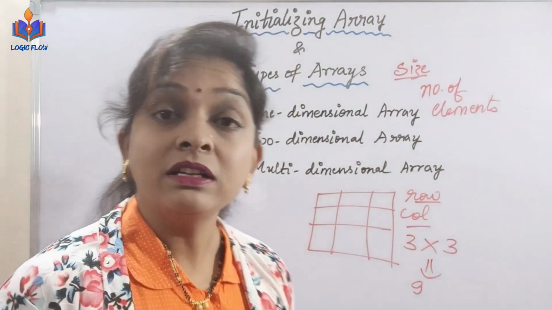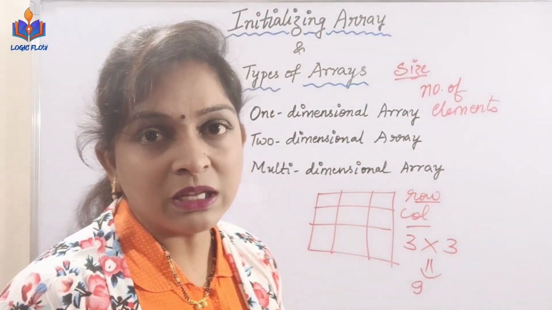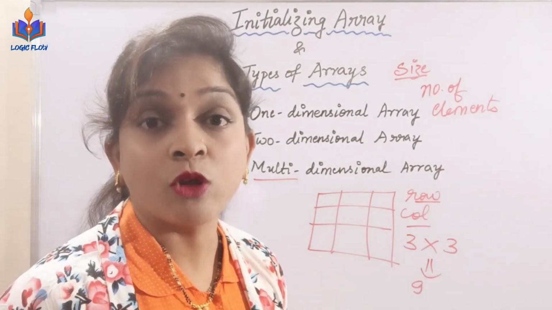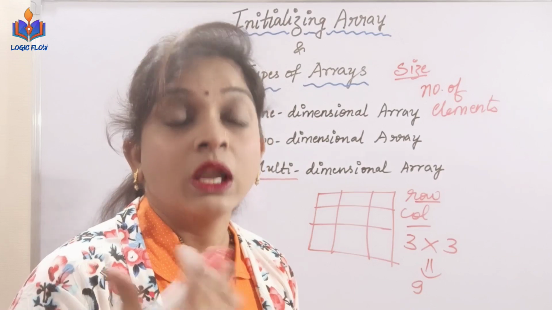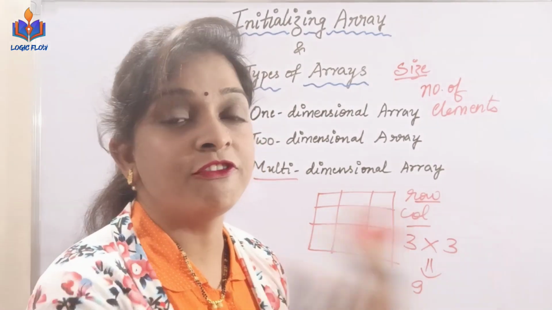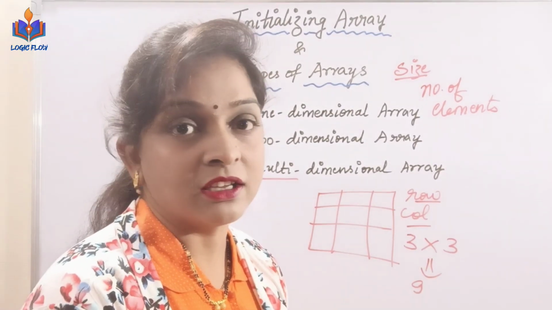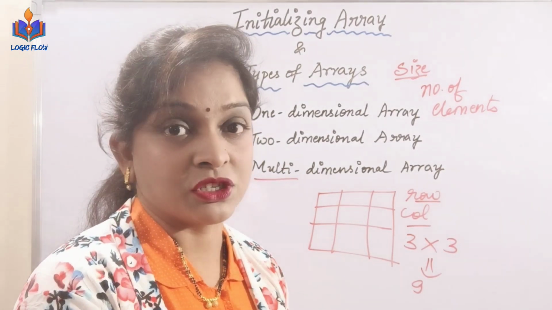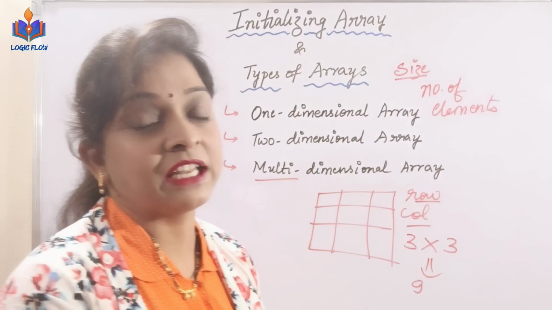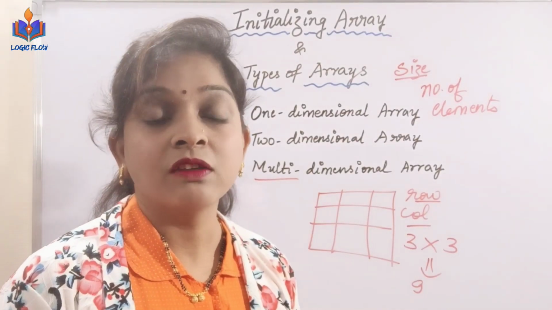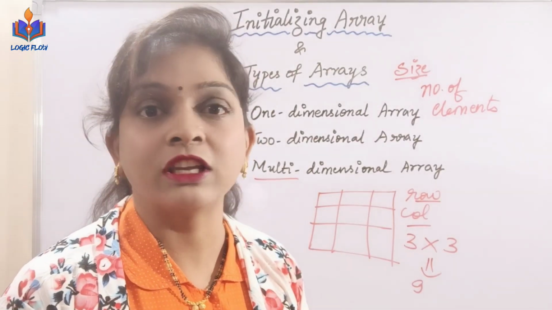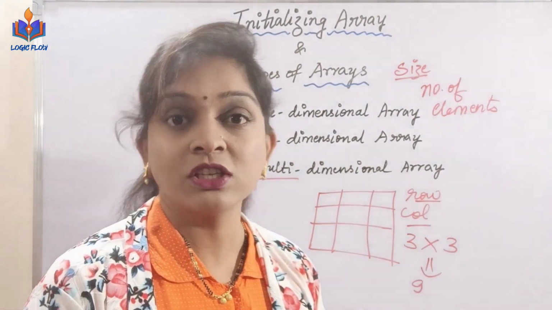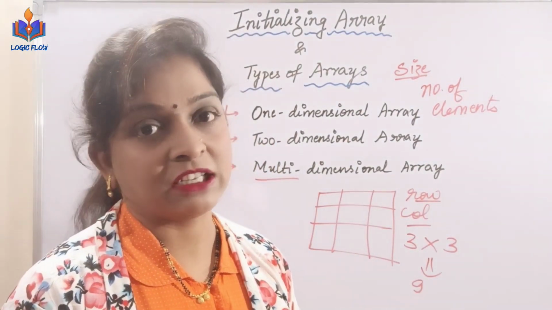Next, the multi-dimensional array. Multi means many dimensions. When we deal with graphic objects, we have to look at the graphical object in different dimensions, from different angles, so we have to take care of many dimensions. So we use the multi-dimensional array when we have to represent graphical objects. So this is the one dimension, two dimension and multi-dimensional.